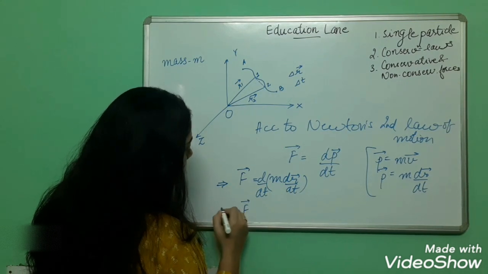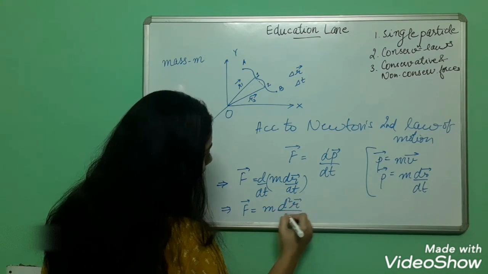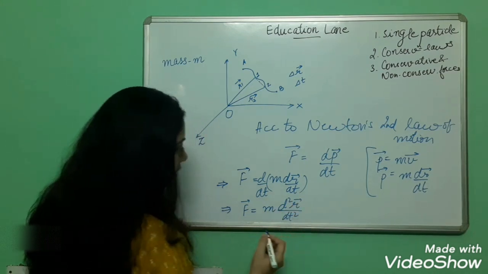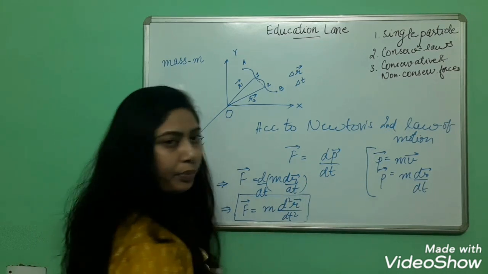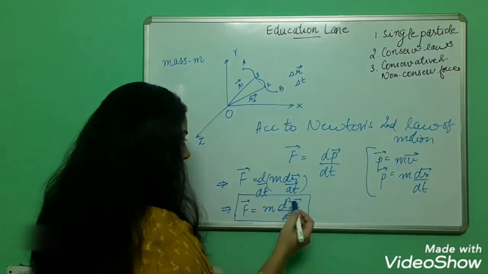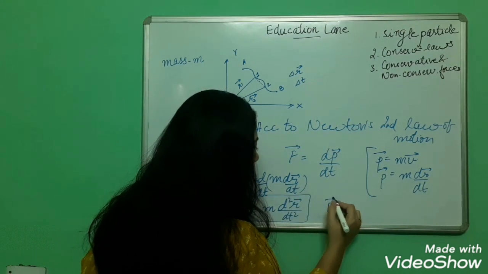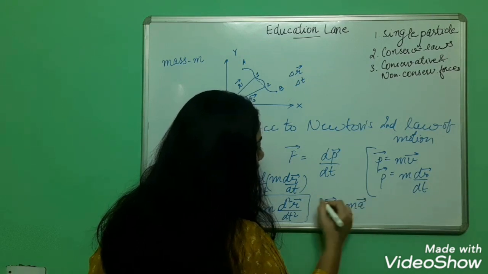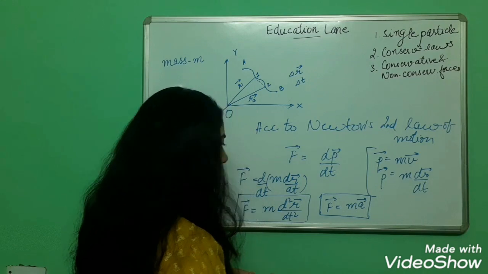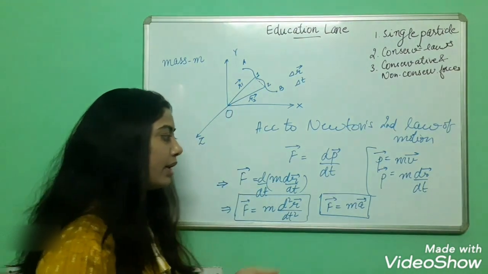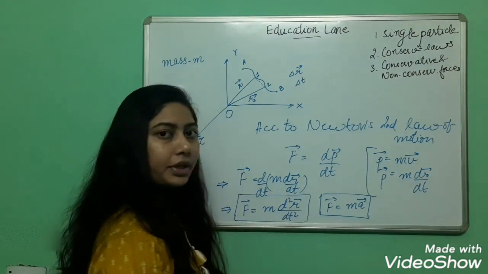Because mass is constant, I have taken it out, and I can write it like this. This is my force in terms of the position vector. This you also know is acceleration. Hence the formula you used to read about, force equal to ma, F equals ma, is proved. Now this force is in terms of the position vector.